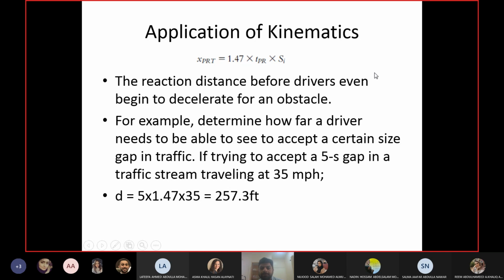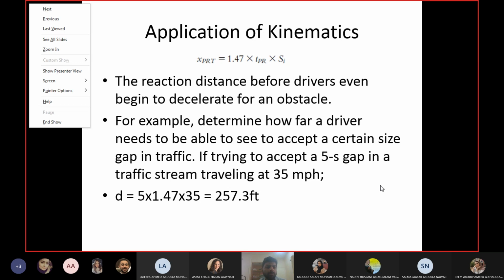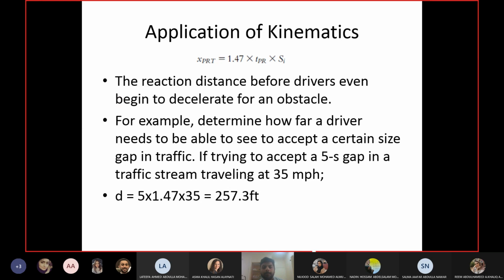For example, what they are saying here is, let's say this is a roundabout, and you are waiting at the roundabout for your turn to enter. At how much gap between you and the other vehicle, the vehicle coming from this side, will you be willing to enter the roundabout?